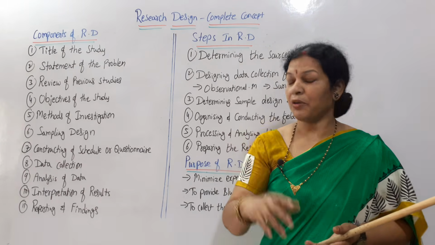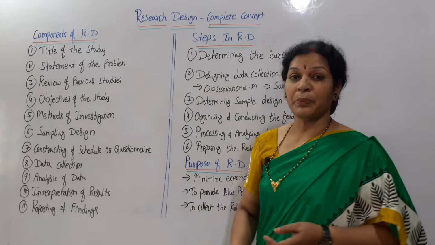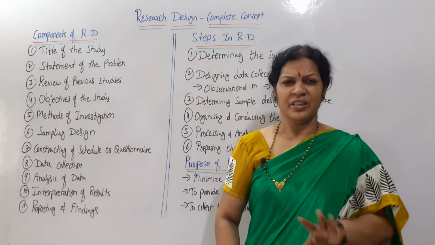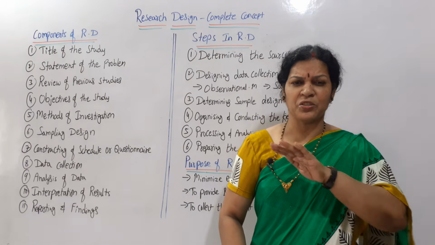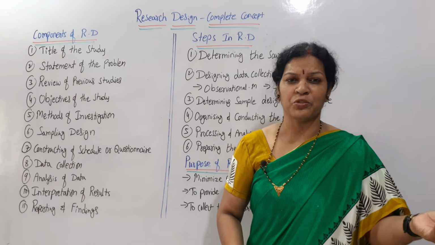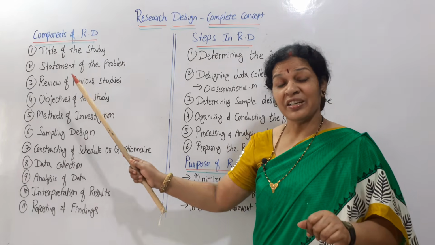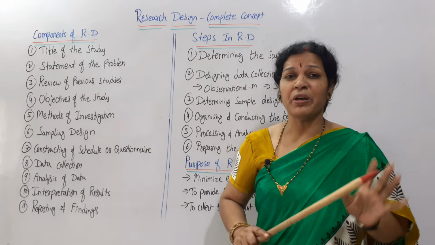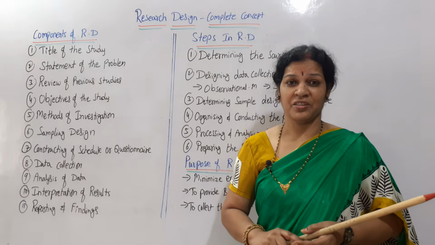Then after that you have to focus on the statement of the problem. What is the problem? In the previous class we discussed one special class only for the problem, identifying the problem, how it has to be planned, right? So here, the statement of the problem: what is the problem you have taken for the research?